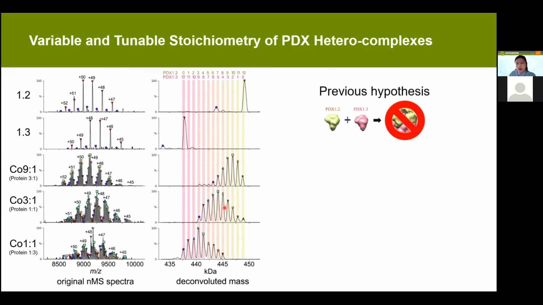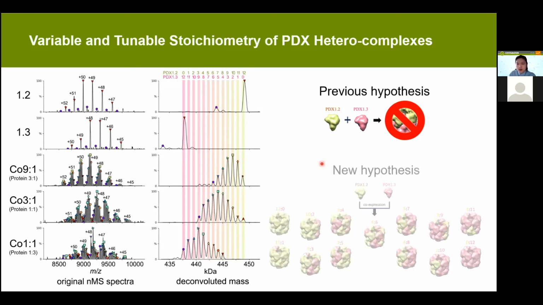So this right away tells us that this hypothesis of a very defined hetero-complex is probably not the most likely way to explain this interaction. Instead, we're getting this semi-stochastic assembly based on the availability of each protein when you are expressing the protein in the cell.